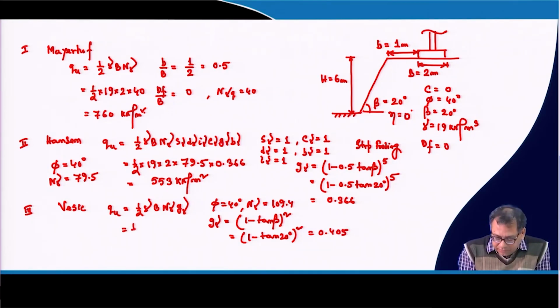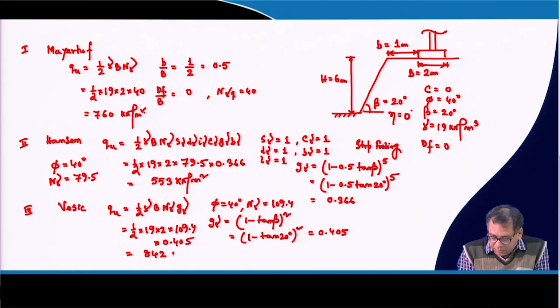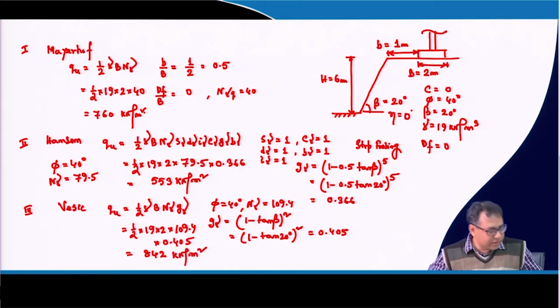So this is half into 19 into 2 into 109.4 into 0.405, which is 842 kilonewton per meter square. So this way you can calculate the bearing capacity by using different approaches, Meyerhof, Hansen, Vesic.